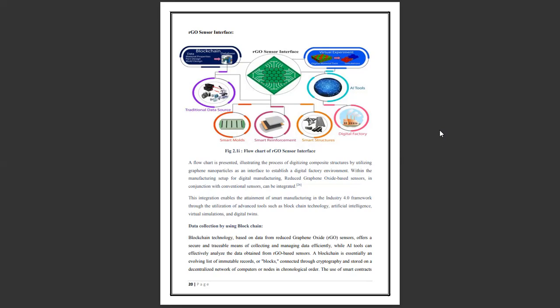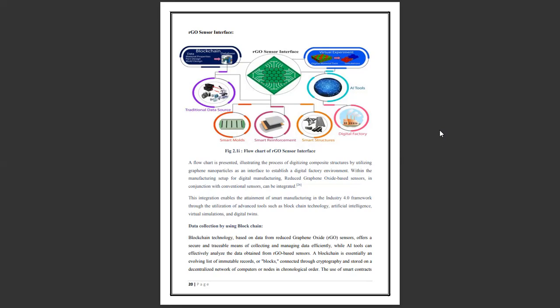While AI tools can efficiently analyze the data obtained from RGO-based sensors, a blockchain is essentially an evolving list of immutable records as blocks connected through cryptography and stored on a decentralized network of computers or nodes in chronological order.